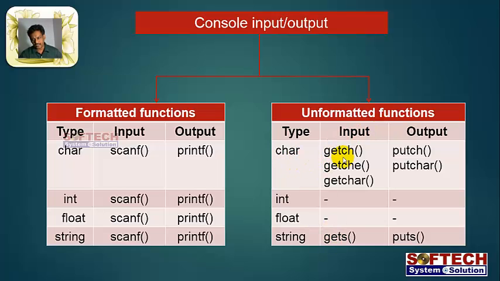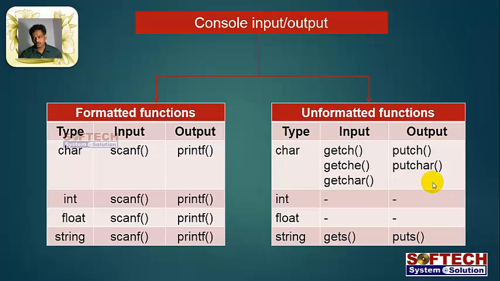So for character, getch, getche, getchar. There are three functions to get a character from the keyboard. But there are some differences between the three. We will discuss in the next slide. The output functions are putch, putchar.